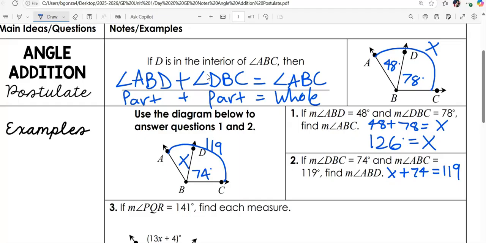Now, we're going to solve for X. If I'm solving for X, how do I get rid of this plus 74? What's the opposite? Take away, minus, subtraction. Minus 74. What is 119 minus 74? So it should be 45. Yes, indeed.